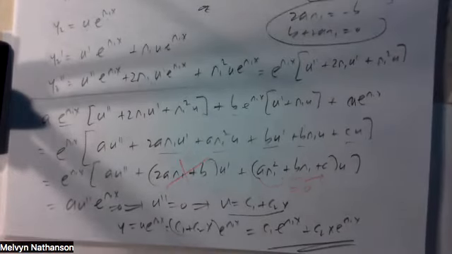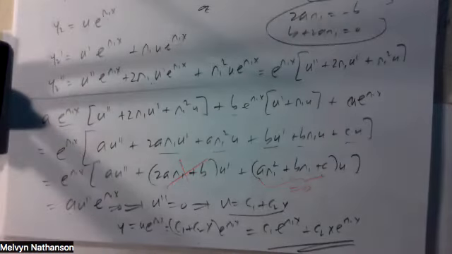Okay. So this gives us an extremely simple rule to solve every second order constant coefficient equation for which the characteristic equation has only one root.